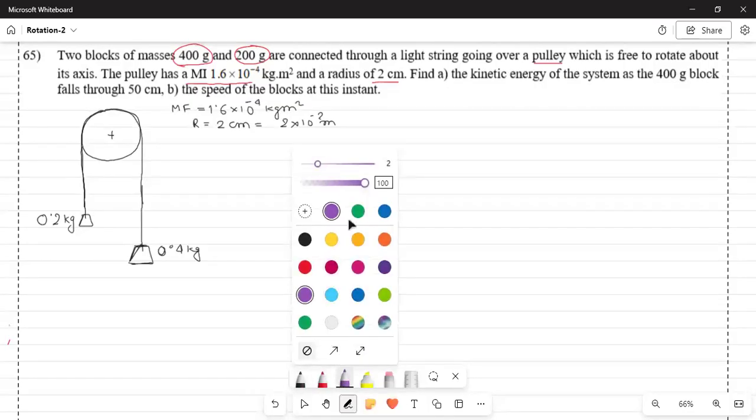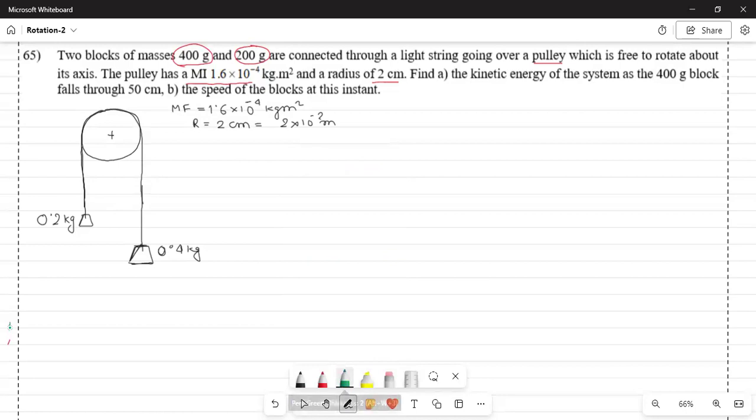So, looking at the question, we automatically know how to attack. See, this is a heavier block, so this will go downward with an acceleration, say A. Obviously, this will go upward with an acceleration A. Now, does this pulley have the same tension T1 on both sides? No. It will have a different tension, say T2, because it is a heavy pulley.